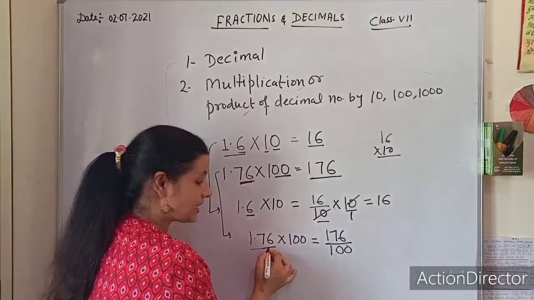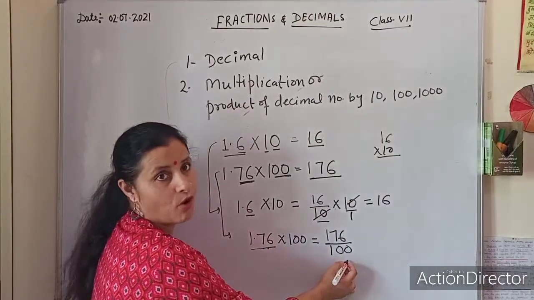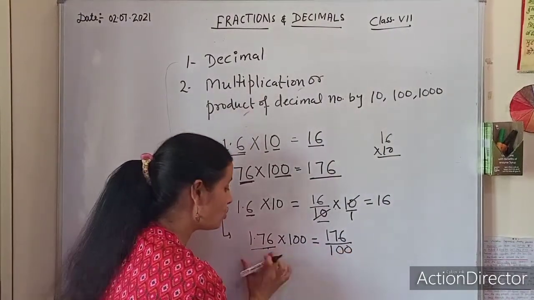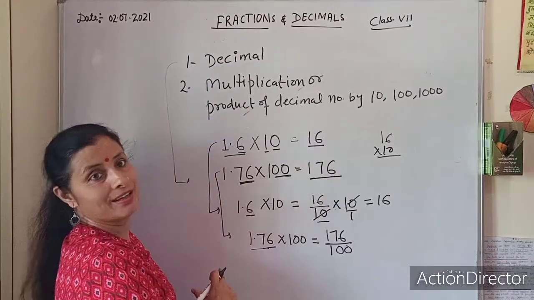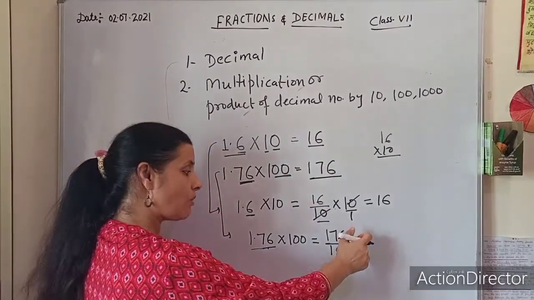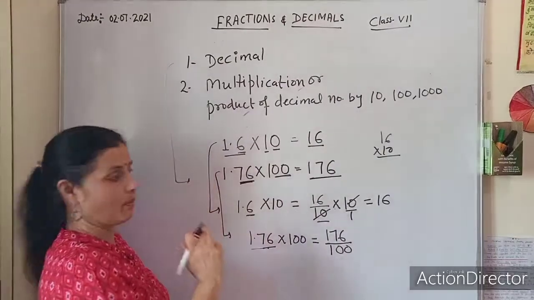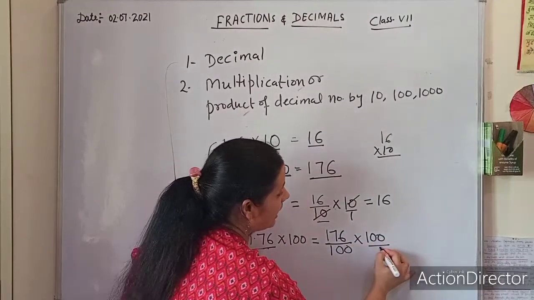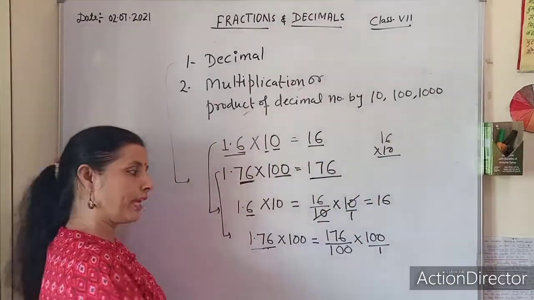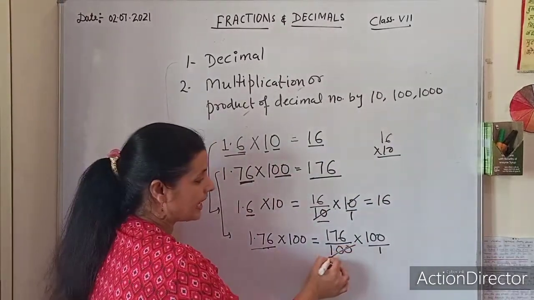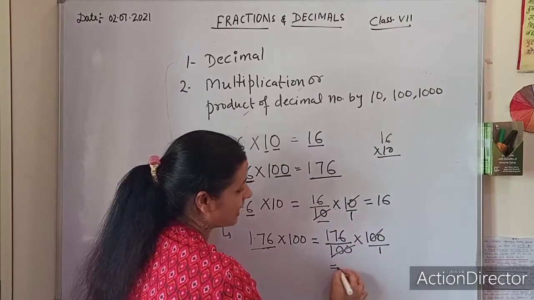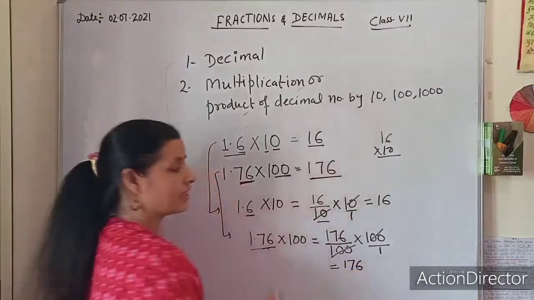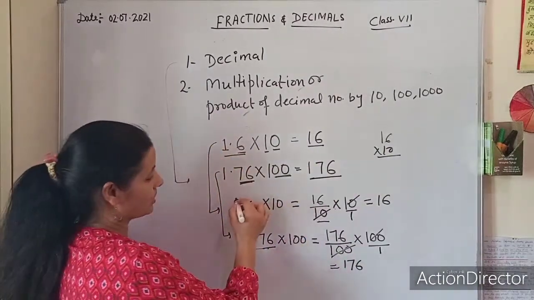This is the decimal form and this is the fractional form. These two forms are equal to each other. Now multiplied by 100. Again, if there is no number in the denominator, we can place 1 there. So 100 is cancelled by this 100. What would be the answer? 176.